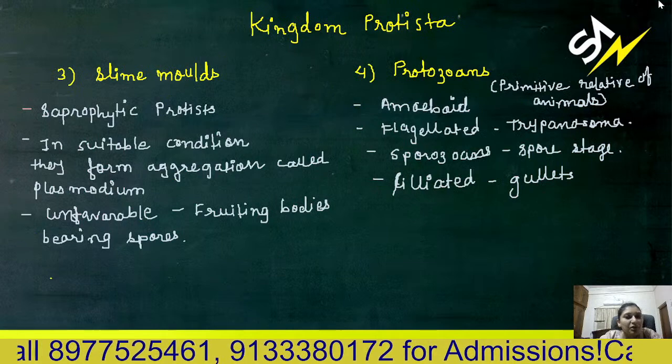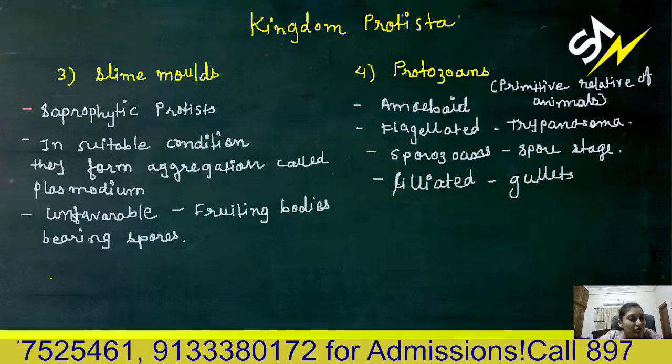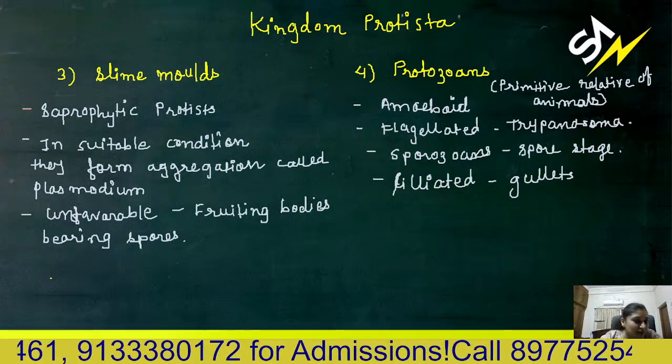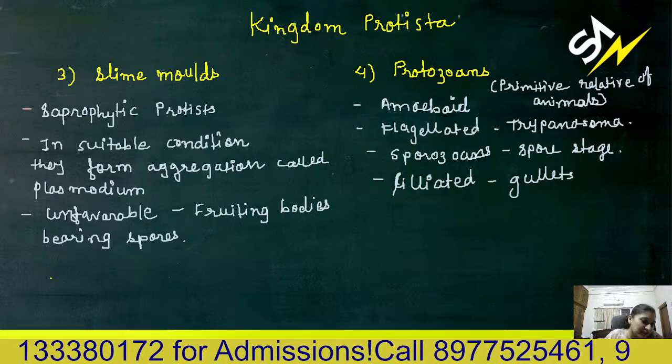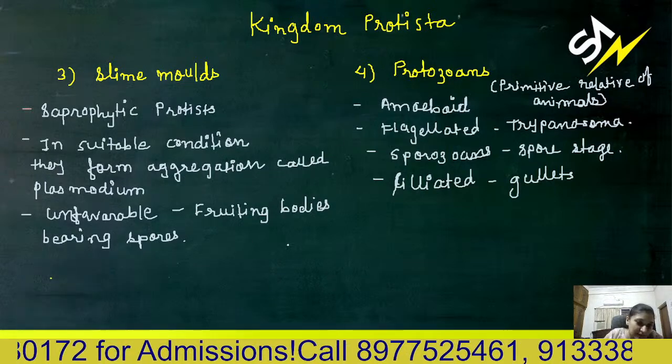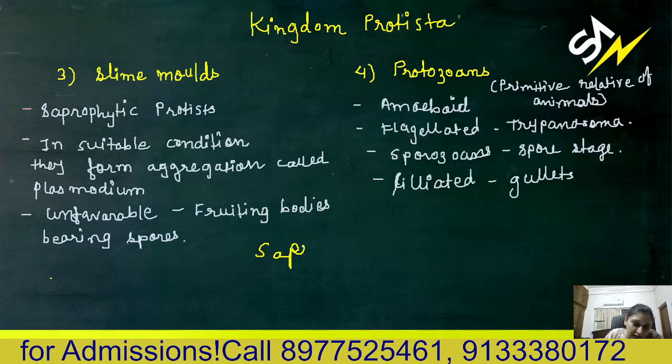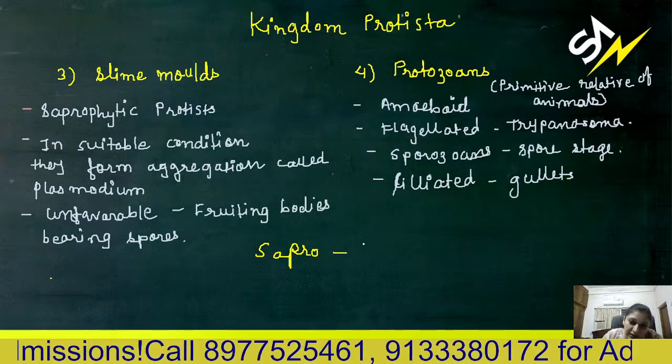Then the next member of the kingdom Protista is the slime molds. They are saprophytic. Sapros means rotten.